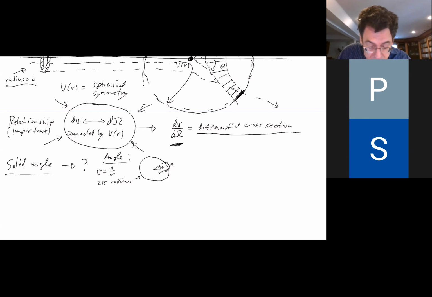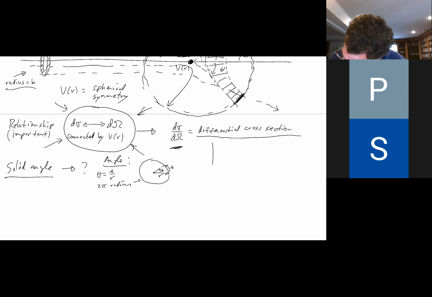So for 3 dimensions, we go to spherical coordinates. We have our r, our theta, and our phi, right? We have our little friends.